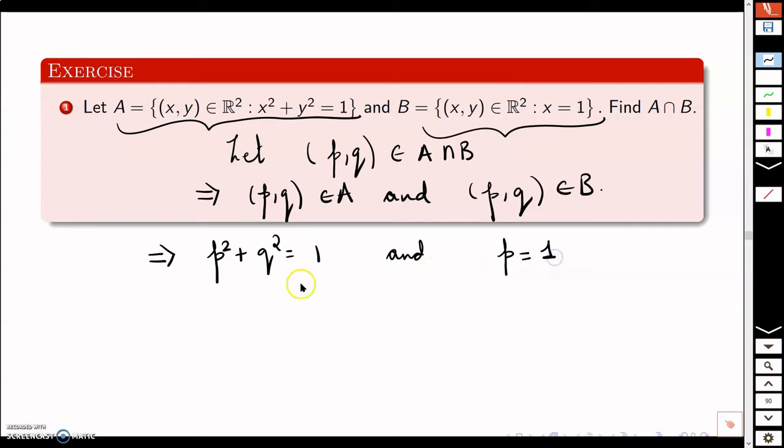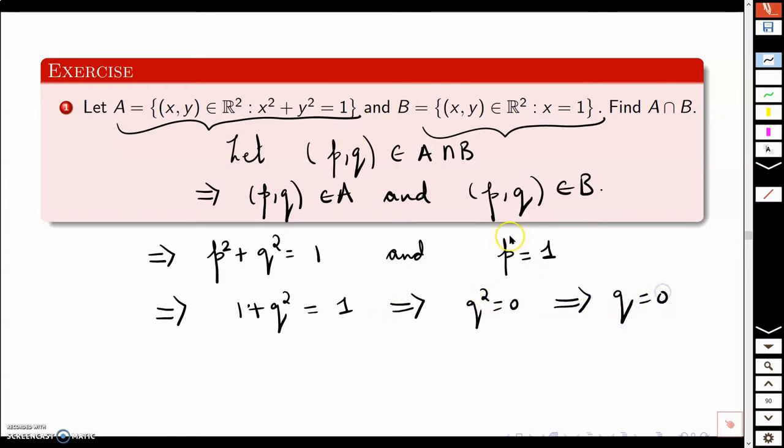So I have got two conditions now. So p equal to 1, I'll take this value and drop it in this equation, and that will give me 1 plus q squared is equal to 1. Okay, and this further says q squared is equal to 0, which means q is equal to 0. So I have obtained the values for p and q.